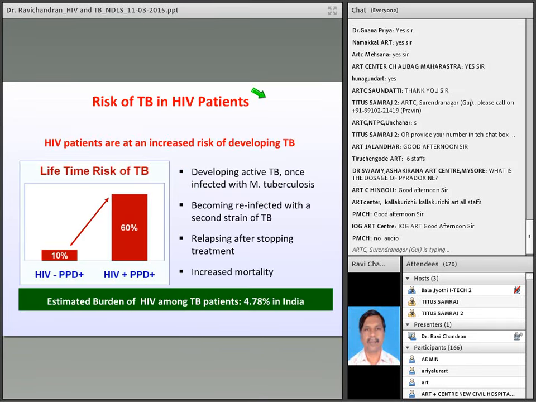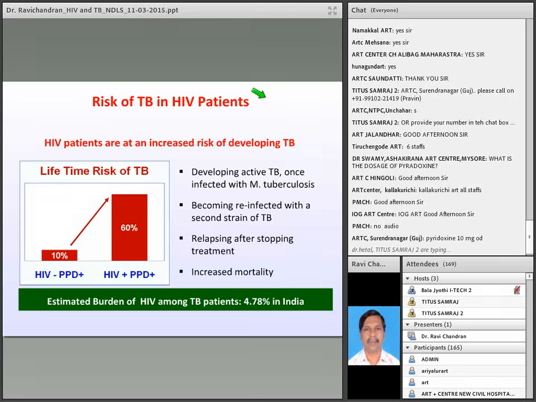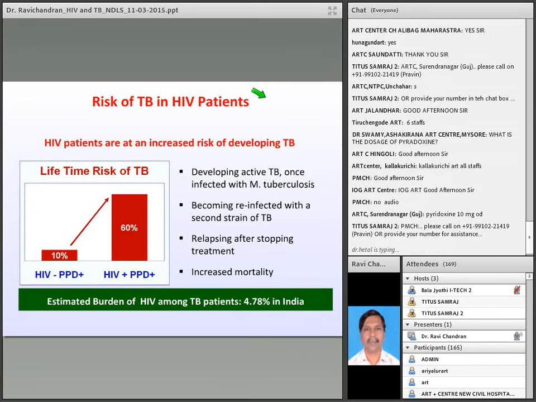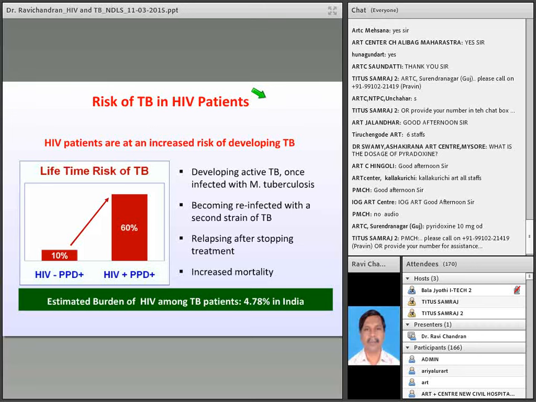So let us see something about tuberculosis in HIV patients. This is the incidence of tuberculosis. The incidence is very high in patients who are Mantoux positive. HIV patients are at an increased risk of developing tuberculosis. They develop active tuberculosis once infected with Mycobacterium tuberculosis, and reinfections are also more common.